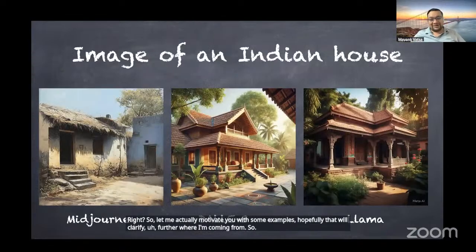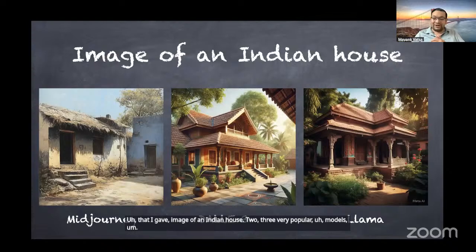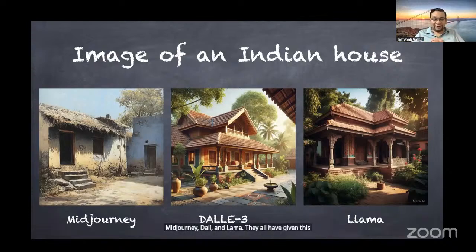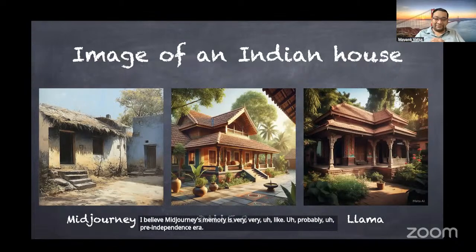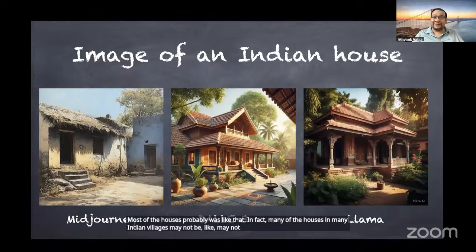This is a prompt that I gave, image of an Indian house, to three very popular models: Midjourney, DALL-E, and Llama. They all have given this sample. I believe Midjourney's memory is probably of the pre-independence era, where most of the houses were like that. In fact, many houses in many Indian villages may not look like this even now.